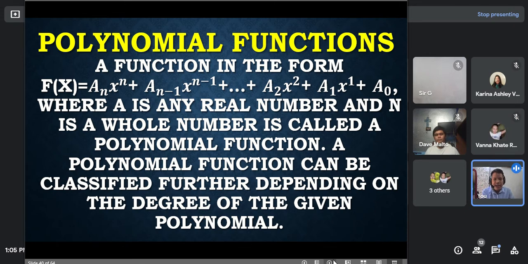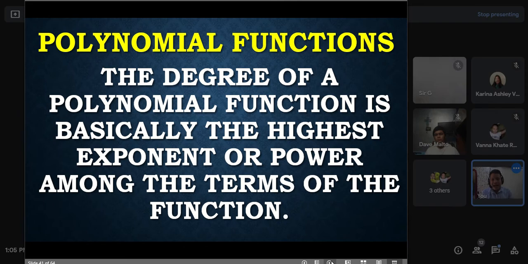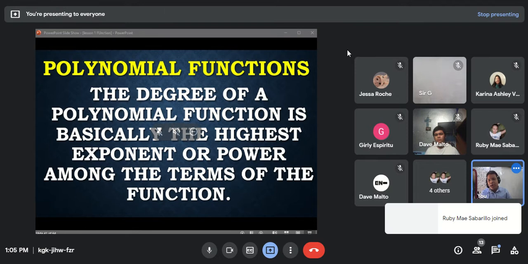It is classified based on the degree. Pag sinabi kasi nating degree, that is basically the highest exponent or power among the terms of the function.